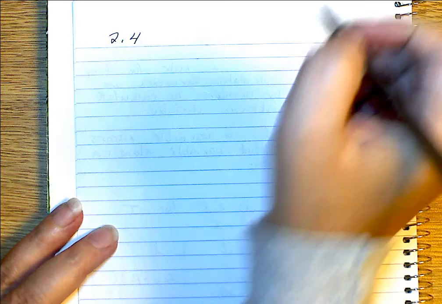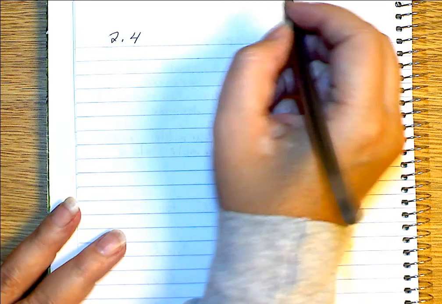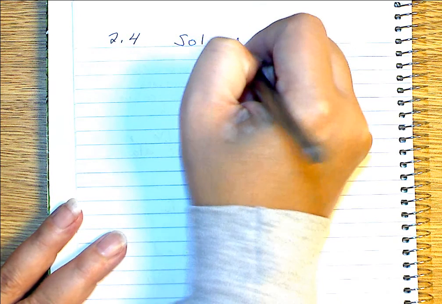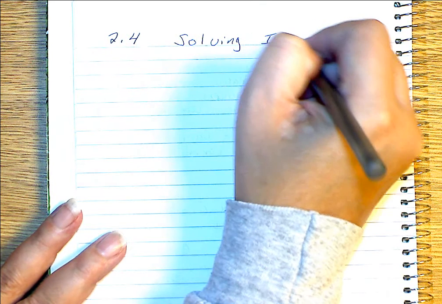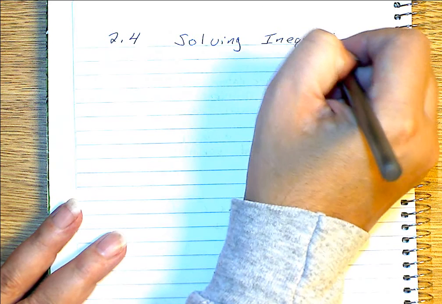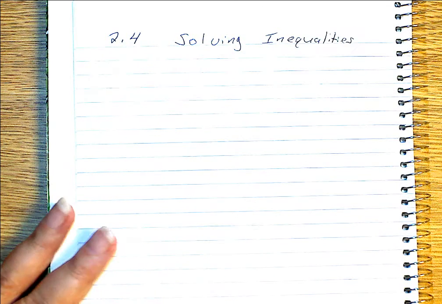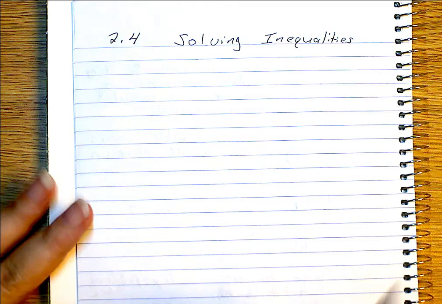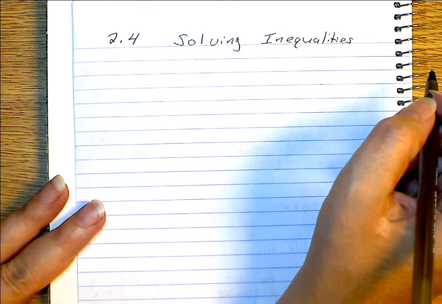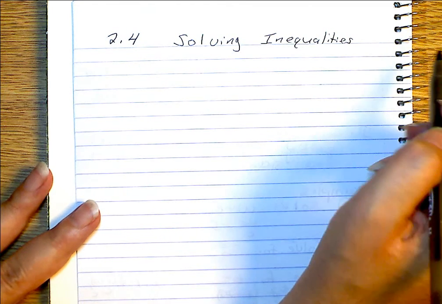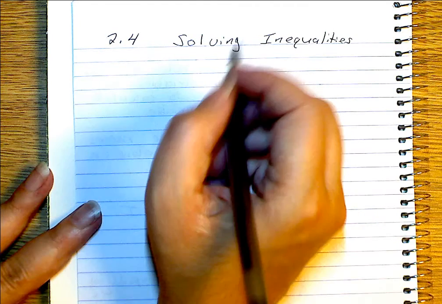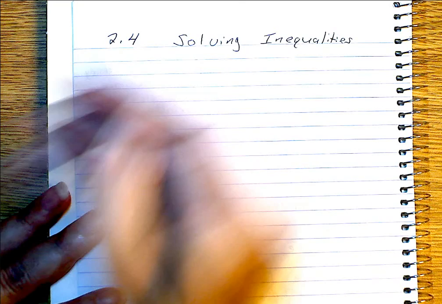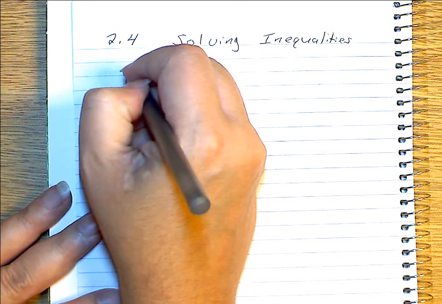Two 4 is called Solving Inequalities. A couple of things that we need to know when we are solving inequalities. We are still isolating the variable.